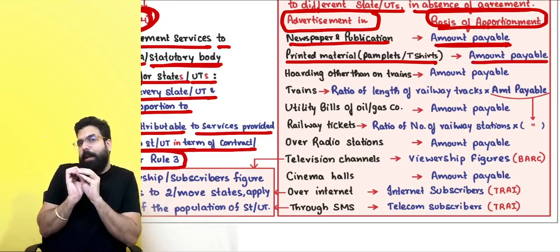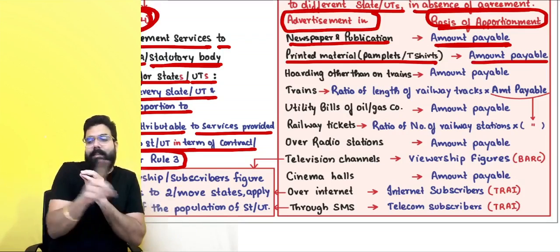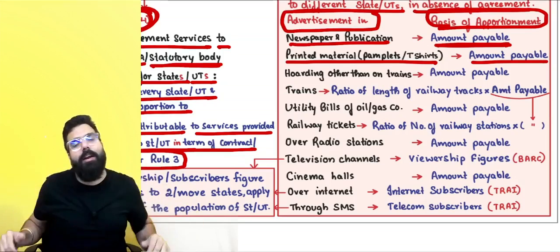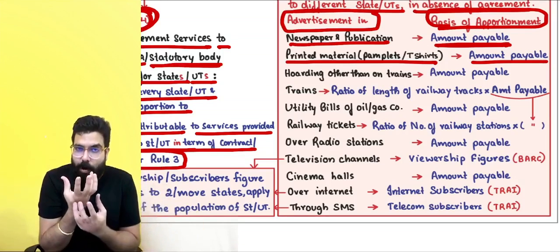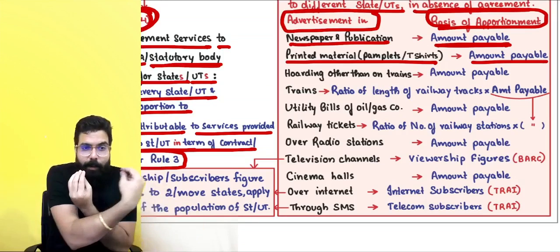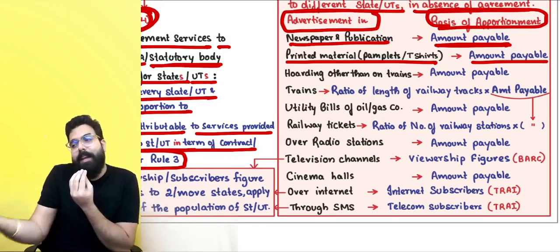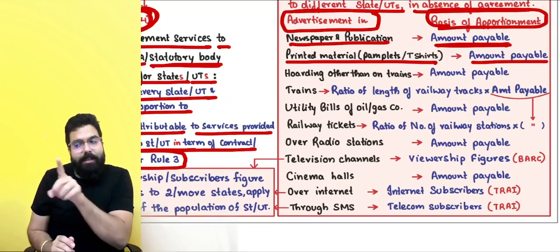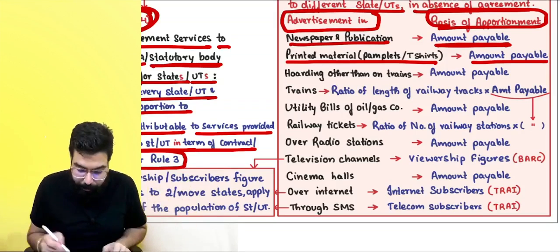So I am the advertisement company, I have done advertisement in 3 states, I have spent 1 lakh, 1 lakh, 1 lakh in each state, in a 1:1:1 ratio, whatever amount I have got from the government will be distributed between the 3 states. That is the value which is attributable to that service for that state. Okay, sir, point is clear.